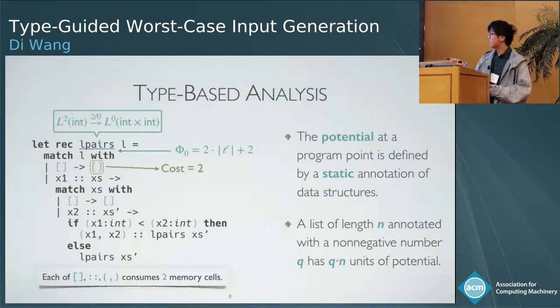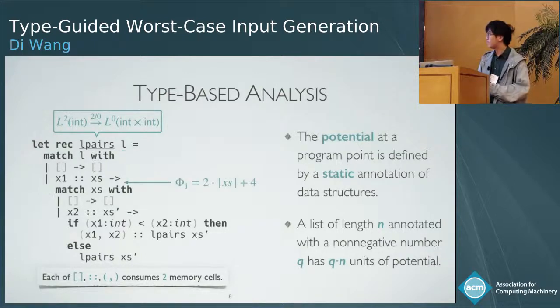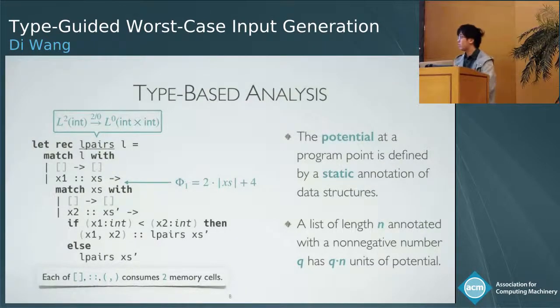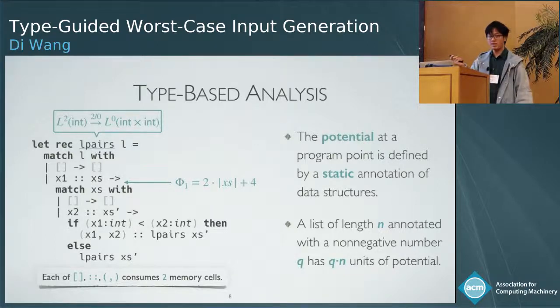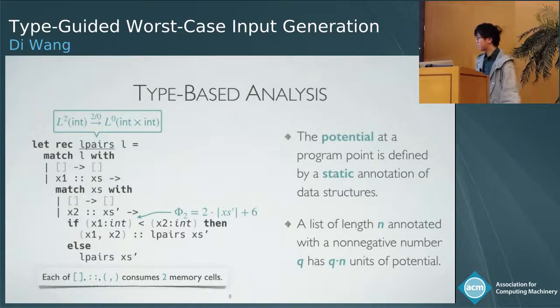In the other case, if the list is non-empty, we map x1 to be the first element and xs to be the rest of the elements. Now, the potential we have is 2 times the length of xs plus 4. You get 2 extra potential from the integer x1. Then we have another match expression, and the empty case is similar. So let's proceed to the non-empty case.